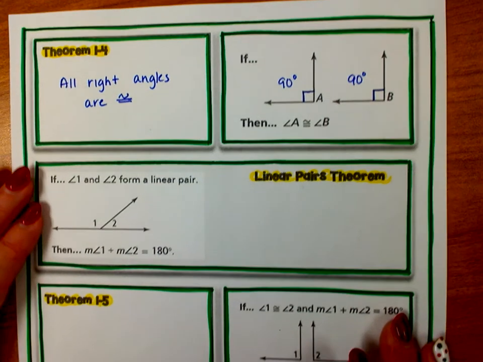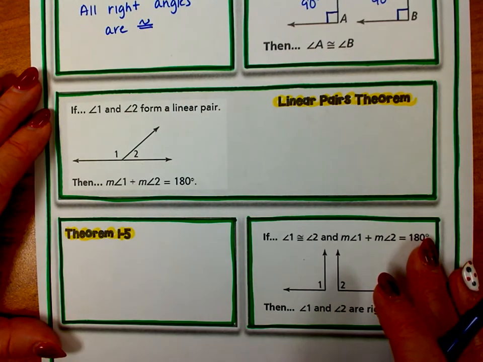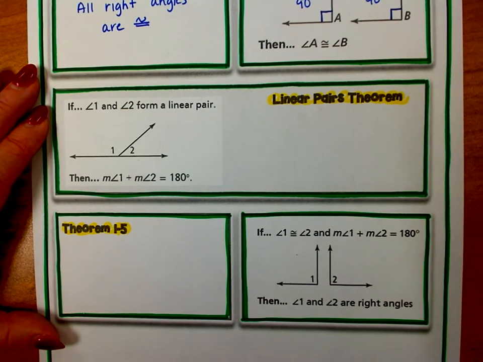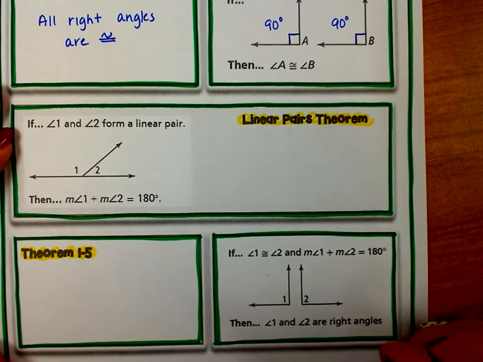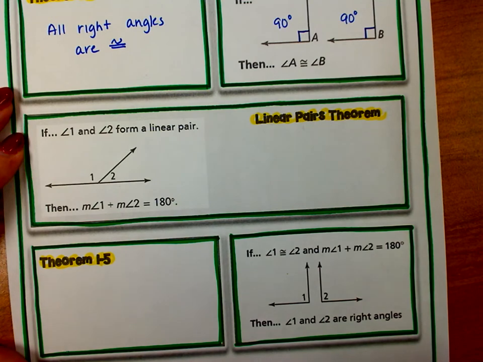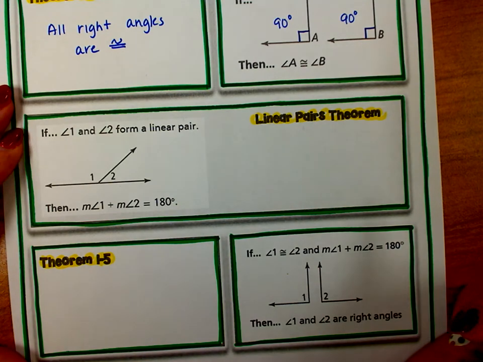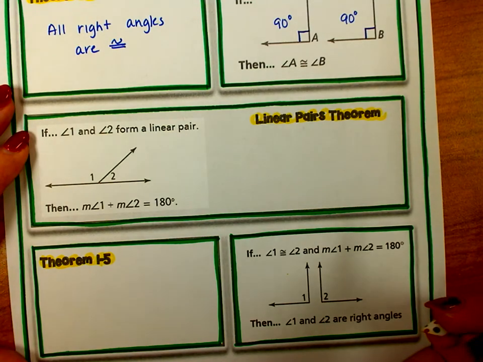Okay, linear pairs theorem. Linear pairs theorem has to do with supplementary angles, but it's a little more specific than supplementary angles that form a line. The two angles in a linear pair have to be adjacent, and that's a new word.